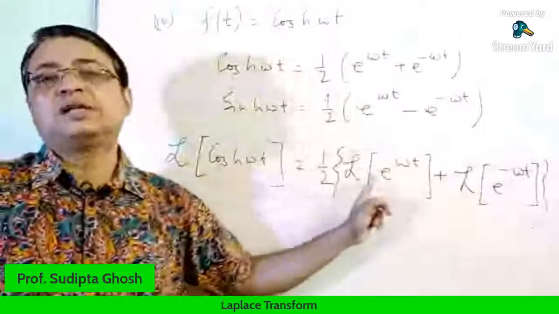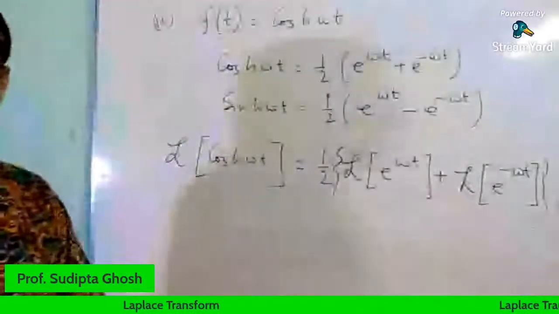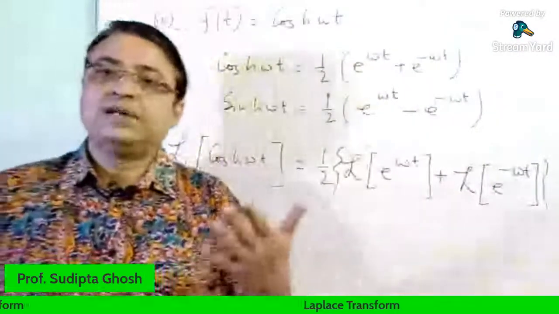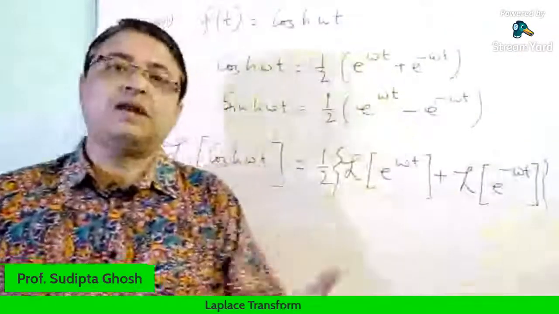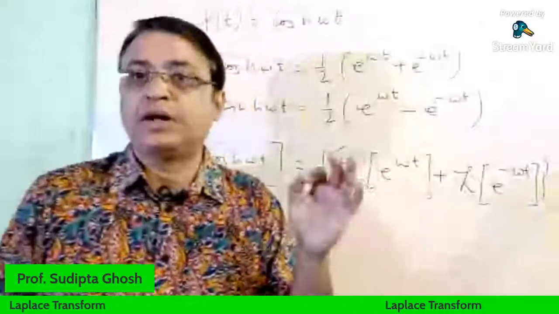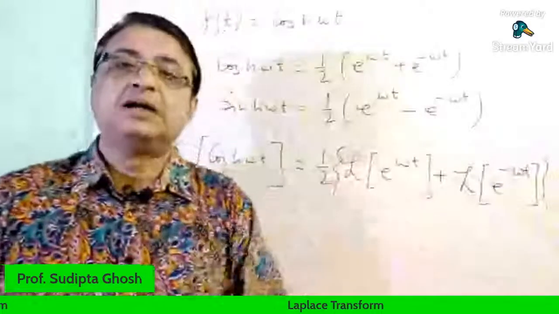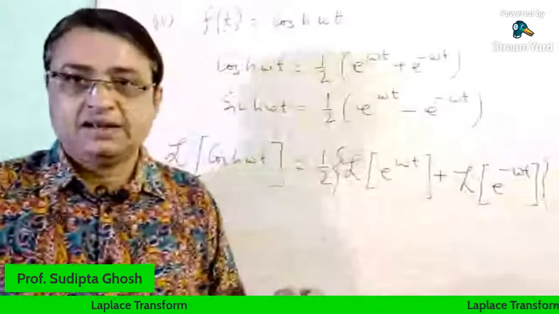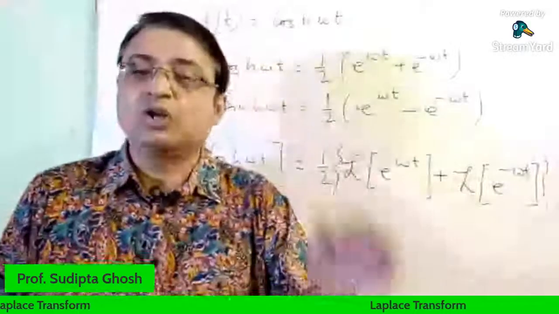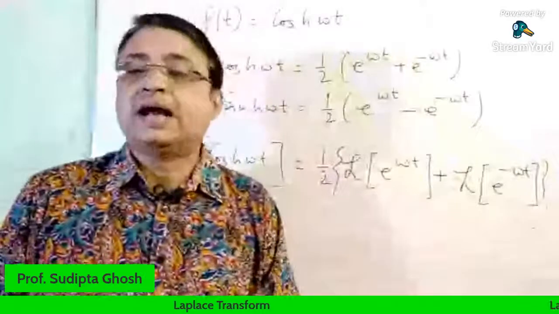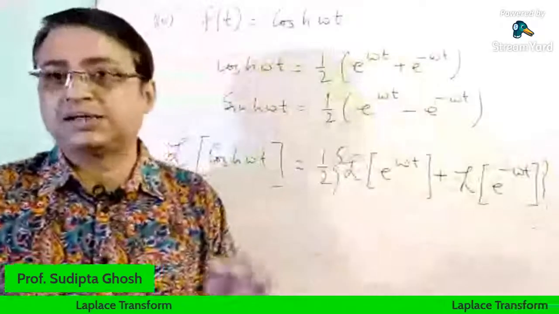Now, what is the value of the Laplace transform of e to the power omega t? In our problem number 2, I derived the Laplace transform of e to the power at, and you can remember that the value is 1 by s minus a. I also derived the value for e to the power minus at, and the value was 1 by s plus a.